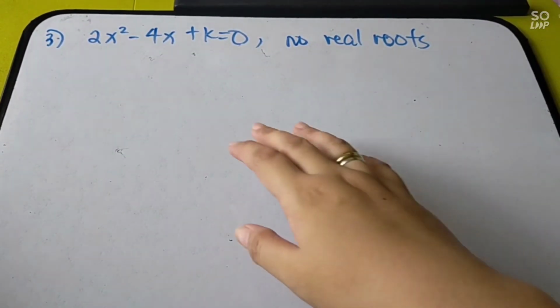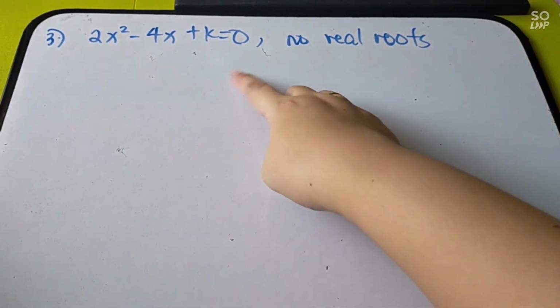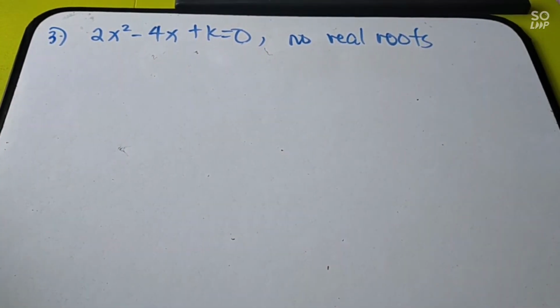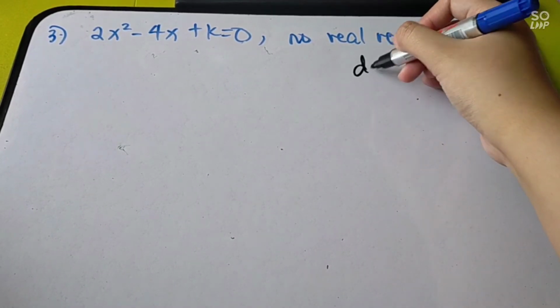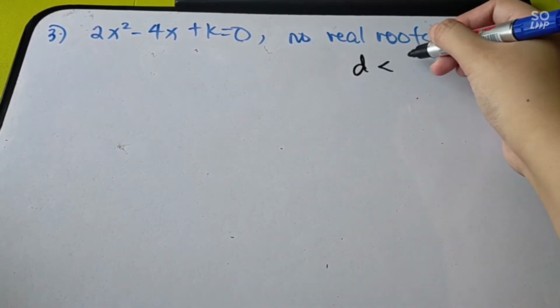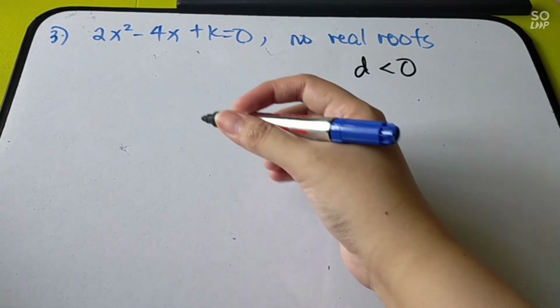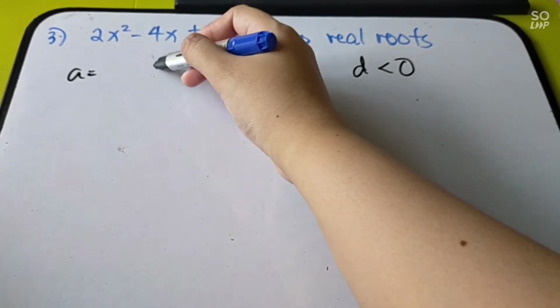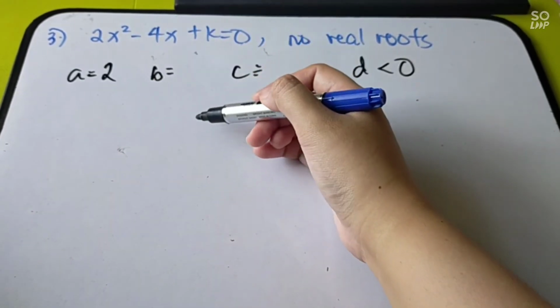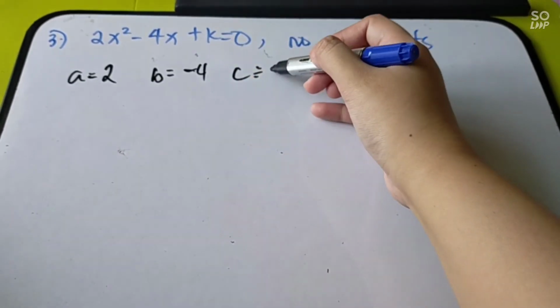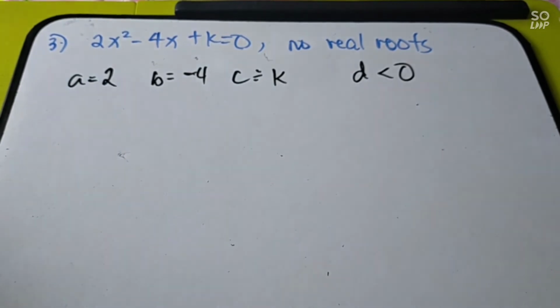Number 3. 2x squared minus 4x plus k is equals to 0. Then, no real roots. So, since there is no real roots, therefore, your D is less than 0. Alright? So, let us have your A, your B, and your C. Ang A mo dito is 2, ang B mo is negative 4, ang C mo is positive k.